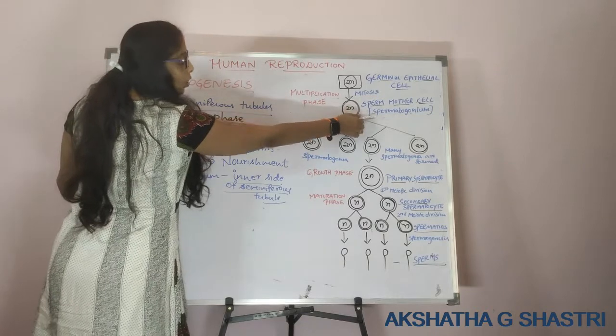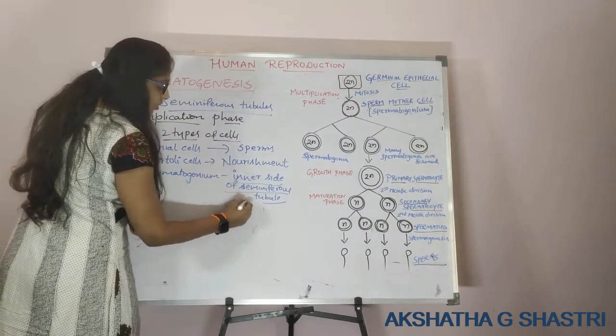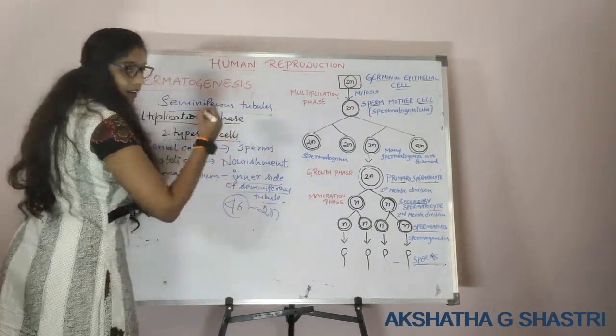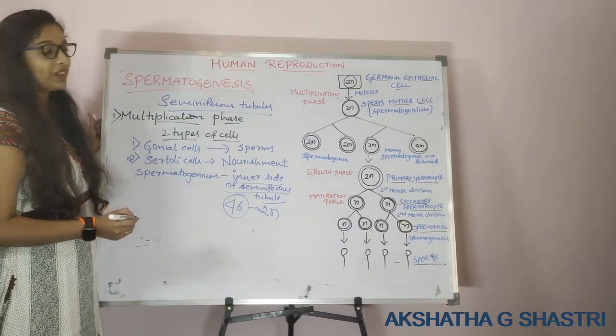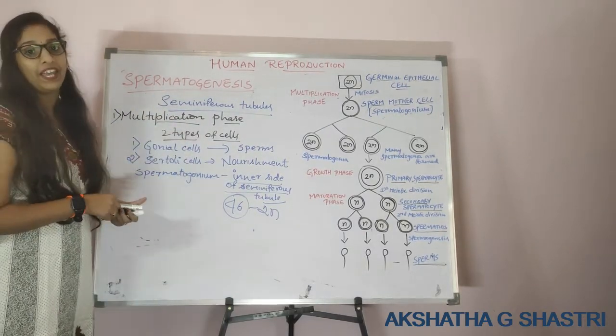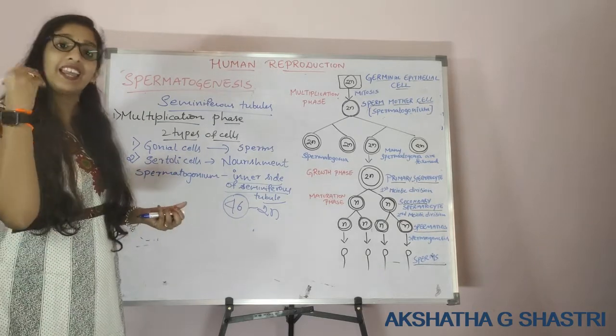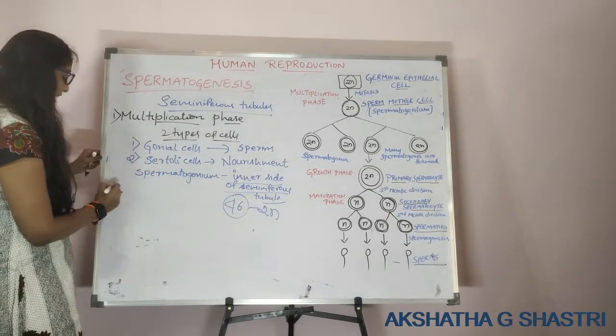Each spermatogonium has 46 chromosomes, hence it is 2n, diploid in nature. This is about the multiplication phase, and the second phase is the growth phase.